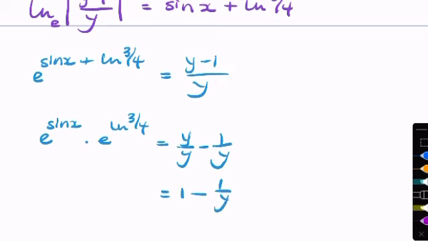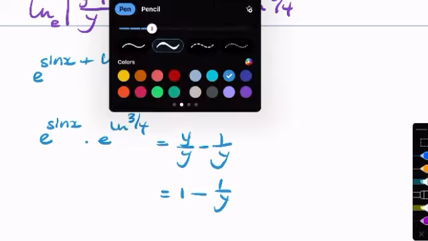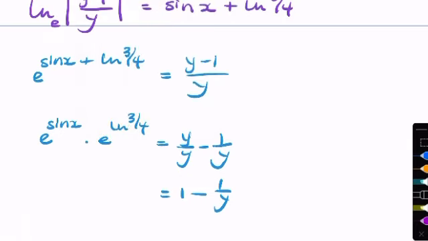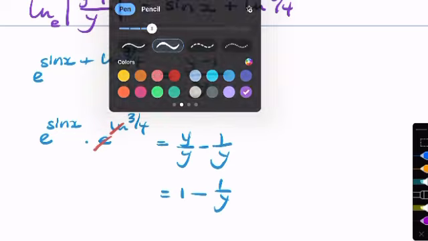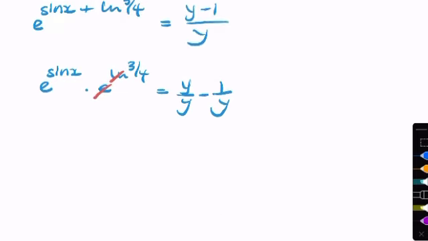Now, e to the power log 3 over 4 is just 3 over 4, because the e is the opposite operation to the log. So y over y is just 1, and these cancel each other, so you end up with 3 over 4 e to the power sine x.